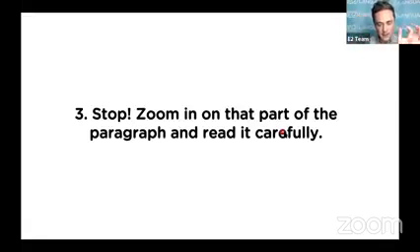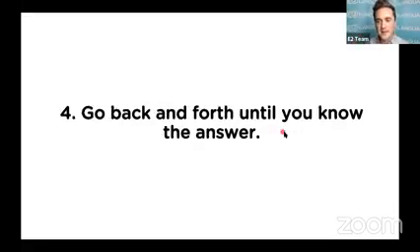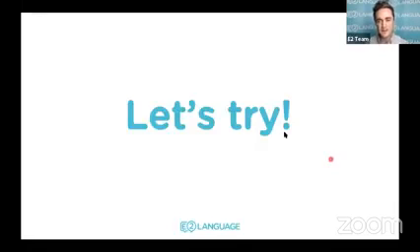So let's say the keyword in the question is computer, and the keyword in the passage is computer technology or information technology. Okay, you found the match. So now you need to stop and zoom in on that part and read that part of the paragraph very carefully. Then you go back and forth to the question and say, what did the question ask me? Does it say that? It's clumsy, but that's how you do IELTS reading.